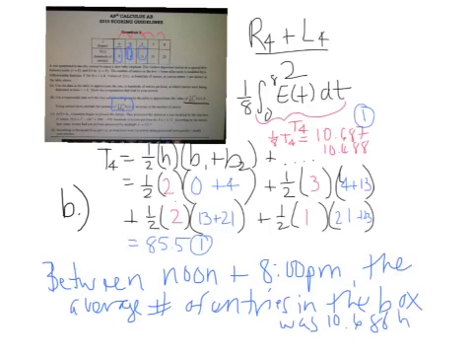And that's, of course, in hundreds, right? I misspelled 100. Hundreds of entries, okay? You could have also changed that to be whatever that would be, 1,068 entries. That would also be fine. But that's the number of hundreds of entries in the box between noon and 8 p.m.